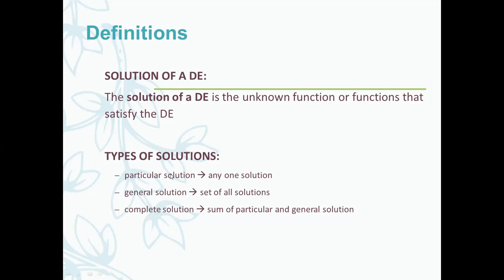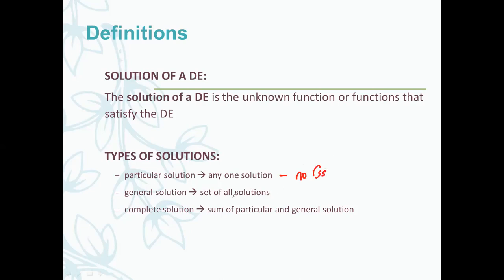But in terms of how they are defined in the context of solutions of differential equations, this is how they are defined. So any one solution can be a particular solution. The general solution is a set of solutions, and your complete solution is the sum of the particular and the general solution. Now, I said that the particular solution does not contain any constant, no C's.